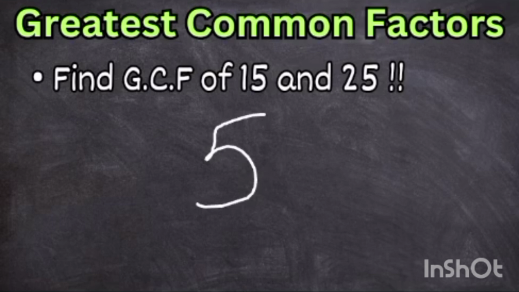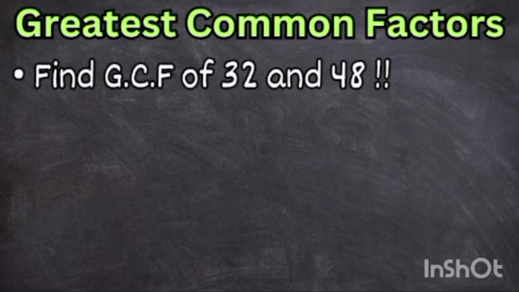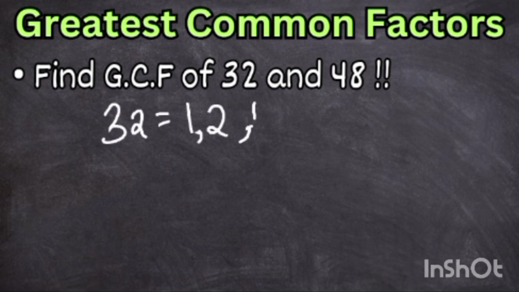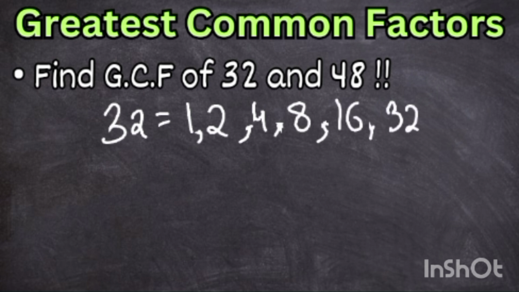So for the final example, let's find the GCF of 32 and 48. Ready for the great finale? We are going to list all the factors of 32. The factors of 32 are 1, 2, 4, 8, 16 and 32. Now we are going to list all the factors of 48.